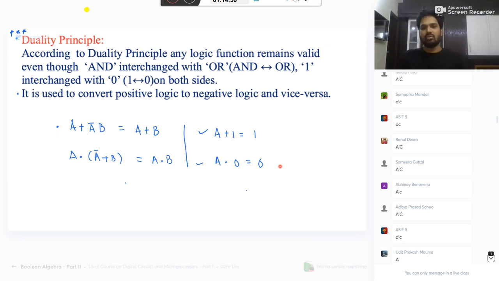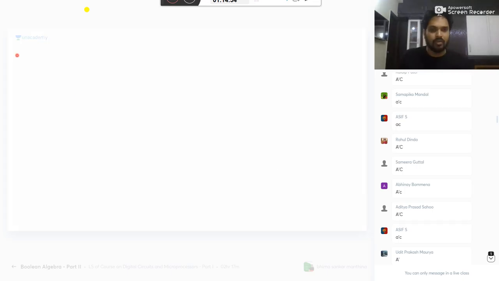Now let me give you one more example. If you have a function f of ABC, according to duality principle, what is f of ABC? Let me take one example. Randomly I am taking A bar B bar C plus A B C bar plus ABC.